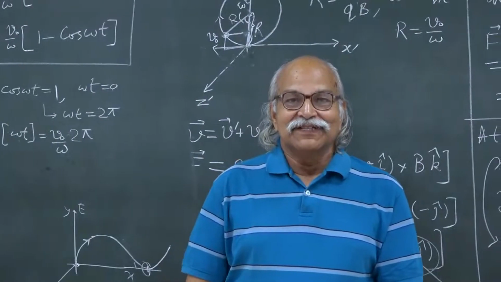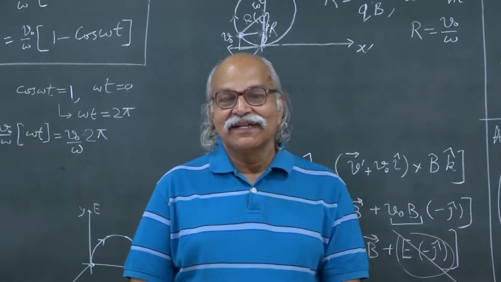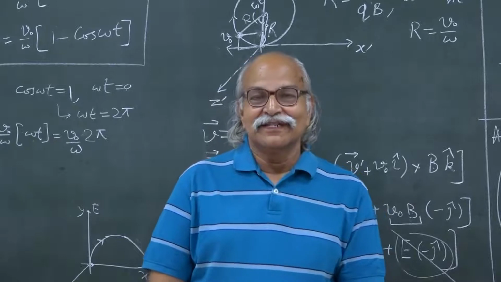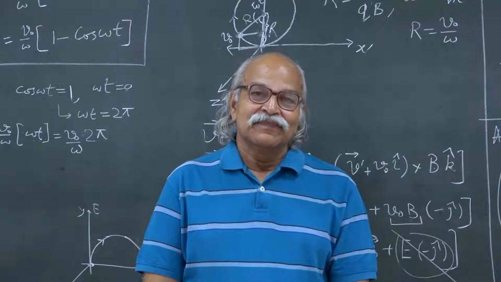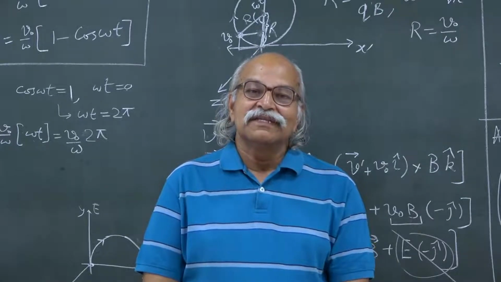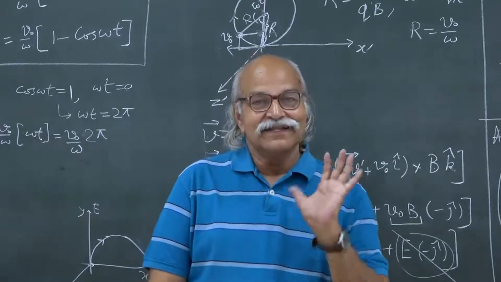So, we started with a very interesting problem where we had electric field and magnetic field perpendicular to each other, and then a charged particle was released from somewhere, no velocity, nothing, we just placed it and released.